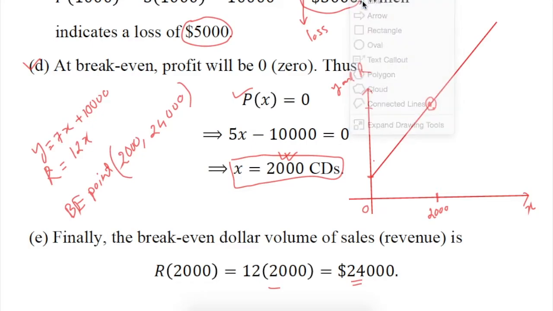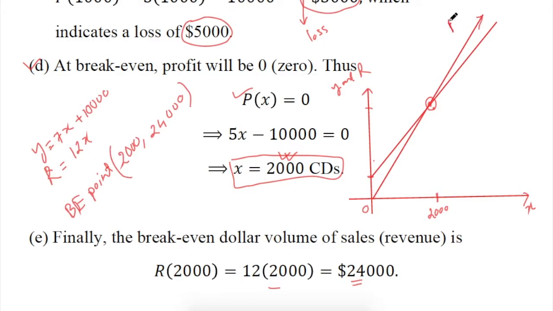And again, the revenue line will start from the origin and pass through the break-even point, as we know from our previous lesson. So this is the revenue line.